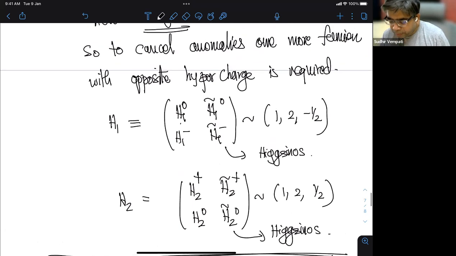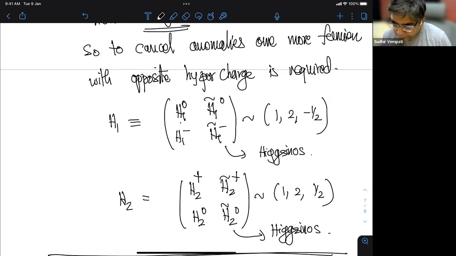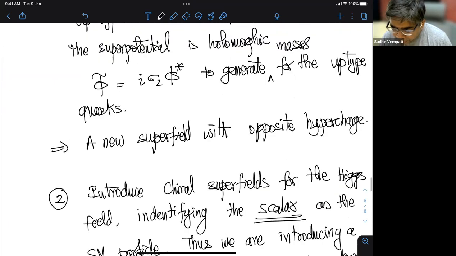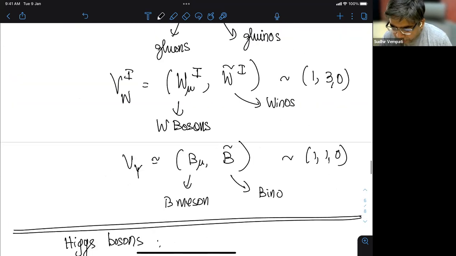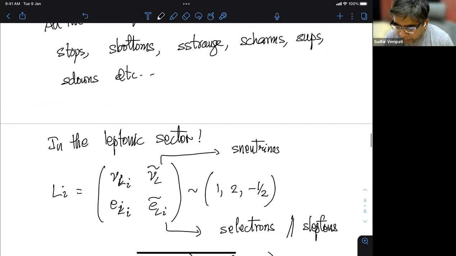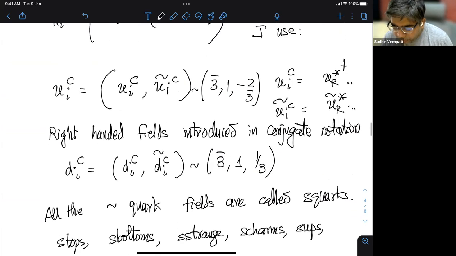So the minimal supersymmetric standard model contains two Higgses. Otherwise, it just follows the regular rule that every matter particle is mapped into a chiral superfield.